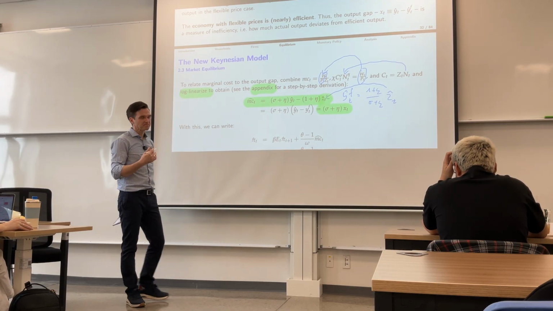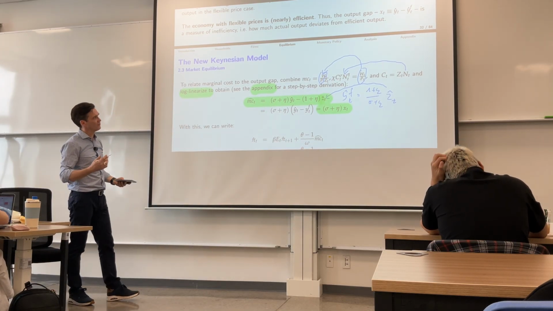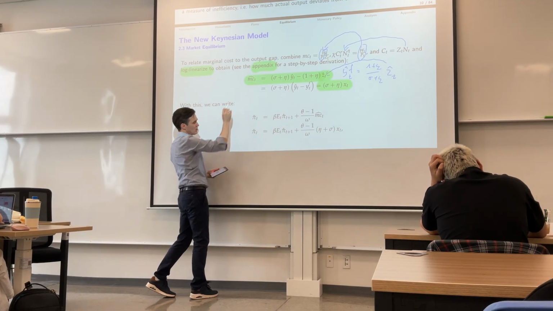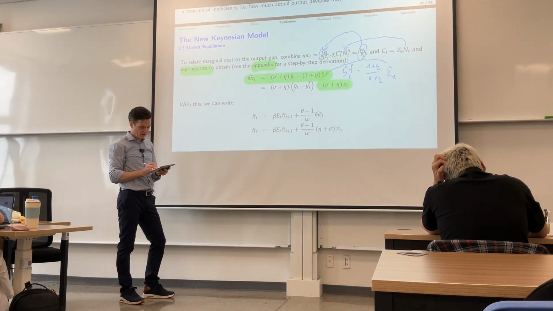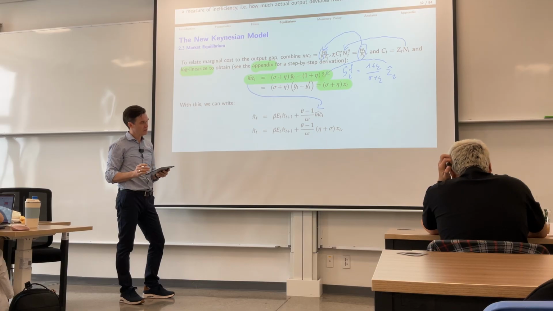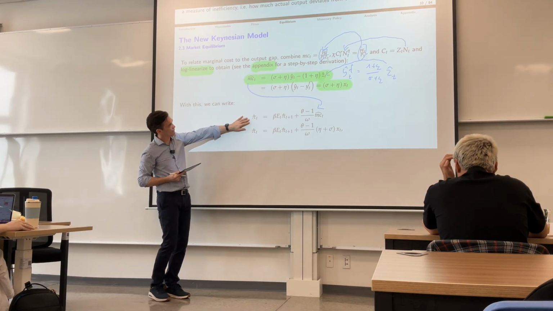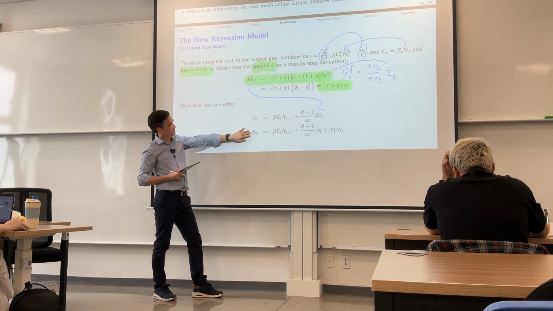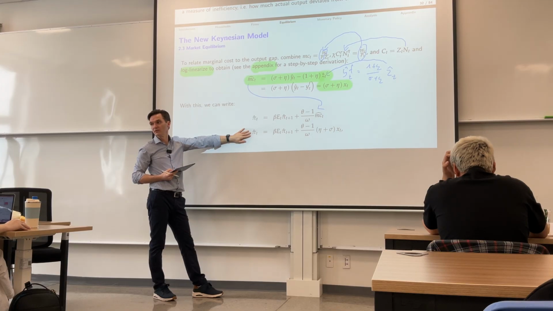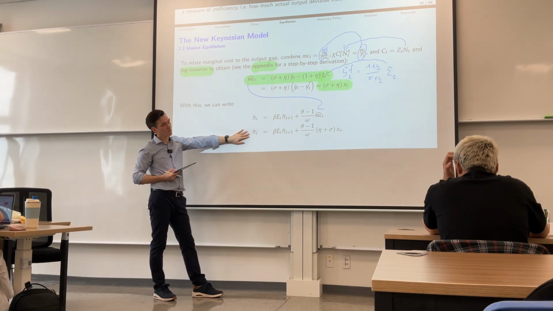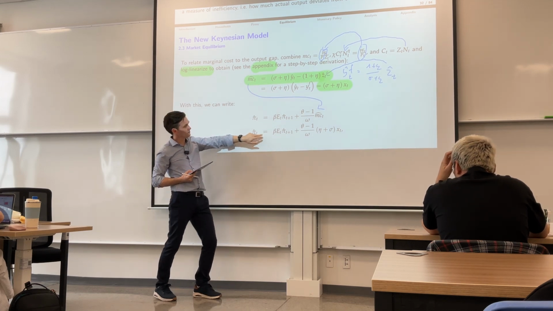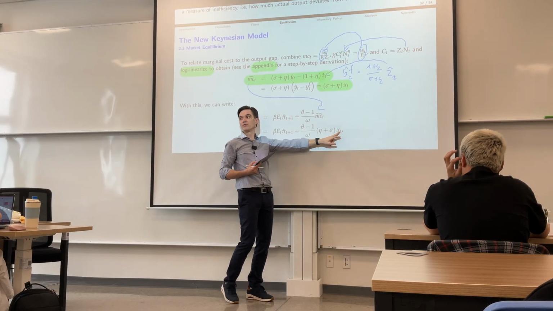So in other words, you're going to take this marginal cost expression and plug that into the original Phillips curve that we derived, and as a result you will be able to rewrite it like this. Very straightforward, a little bit of math. And now we have the Phillips curve as a function of expected inflation and the output gap.